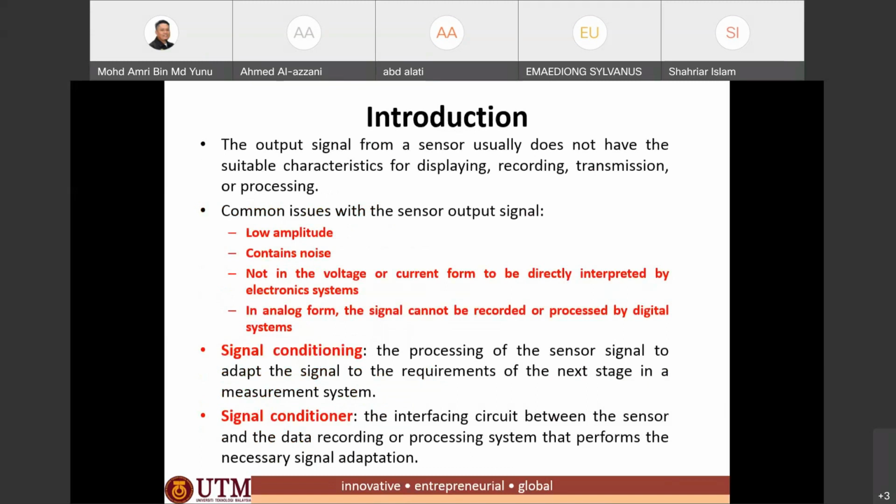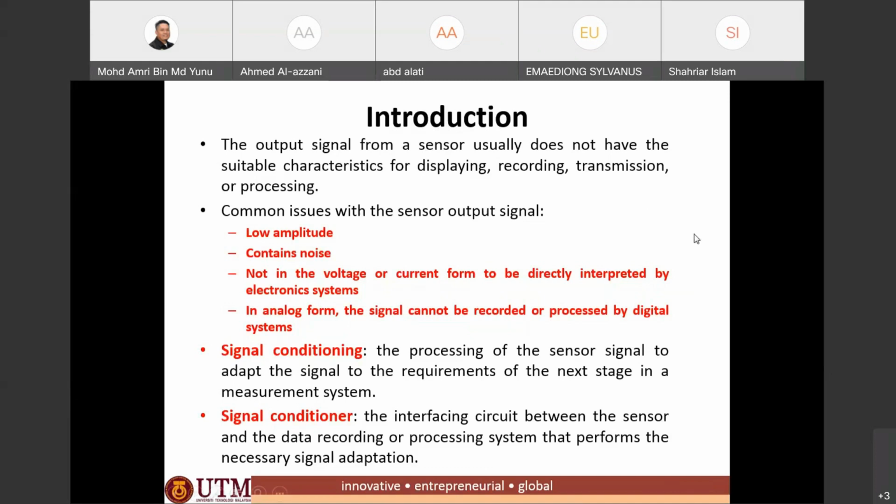In general, the raw output from sensors is not suitable to be directly used for the end control element like the controller, or like the display. So we need to do some conversion or process to the output signal.